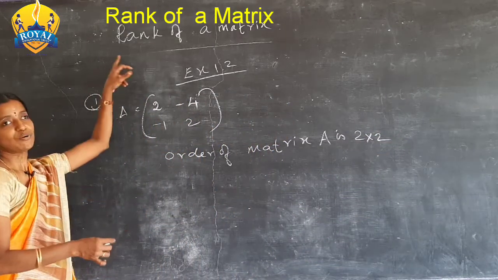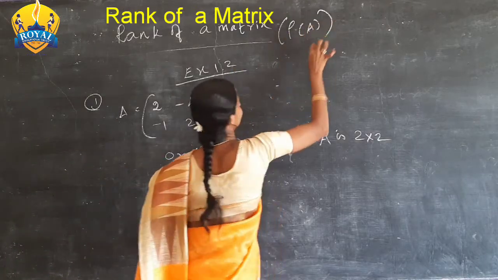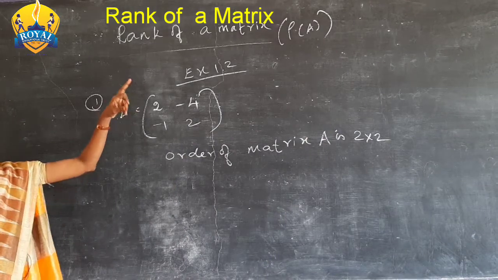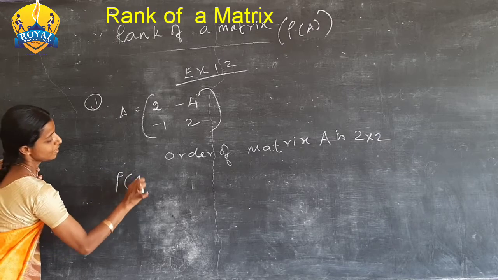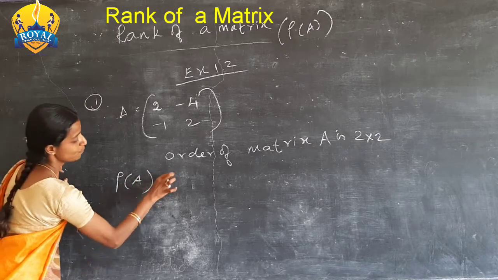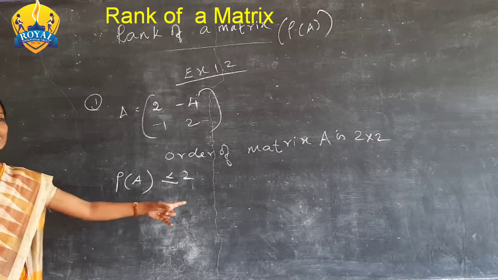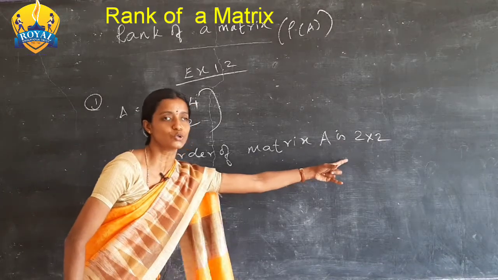Now rank of a matrix is also denoted as rho of A. Here my rank of a matrix should be less than or equal to 2, since my order is 2 cross 2.